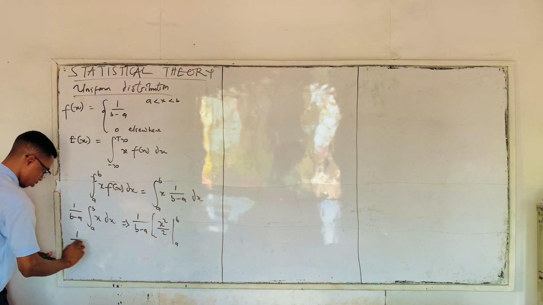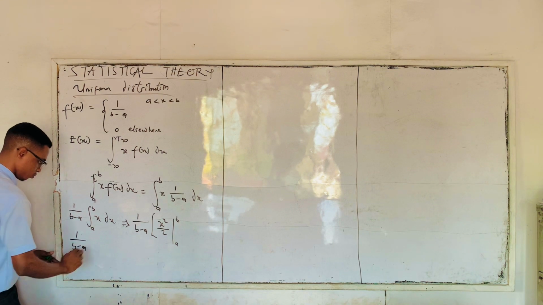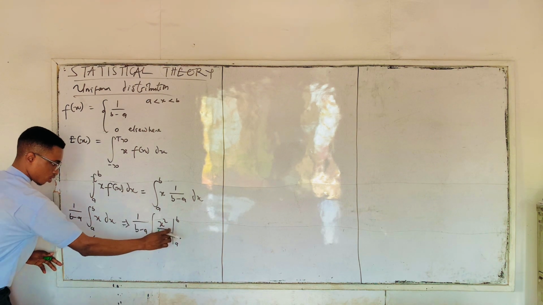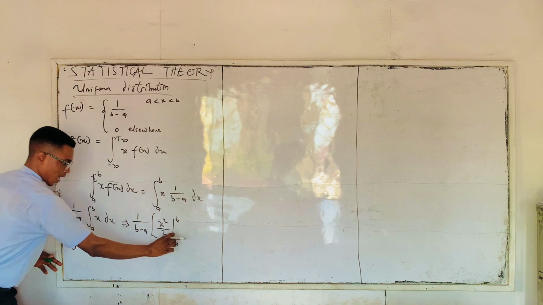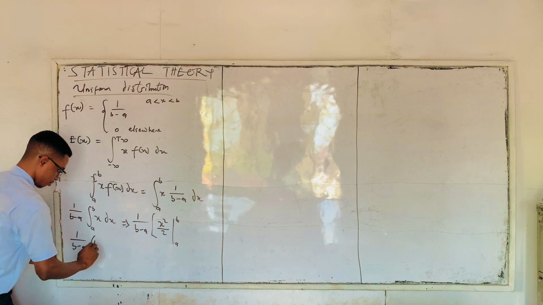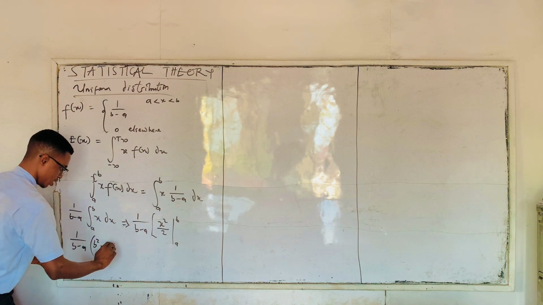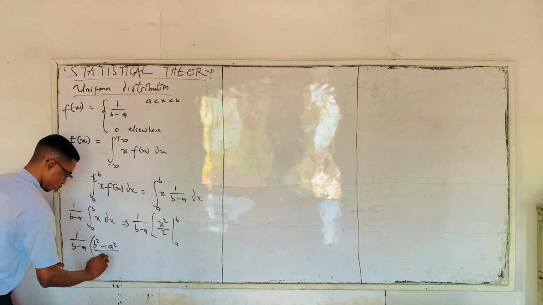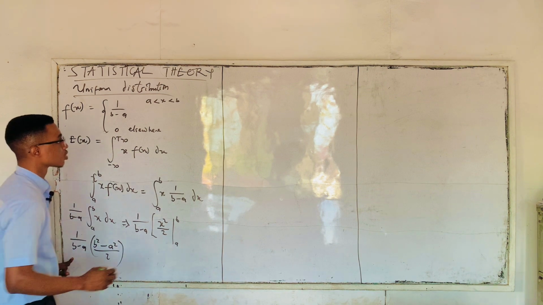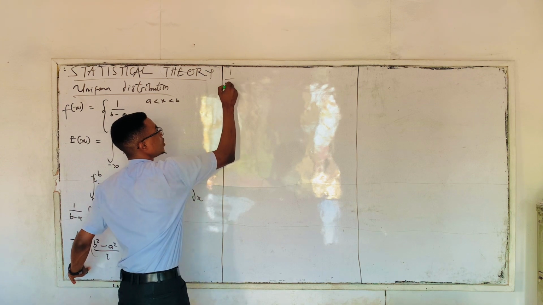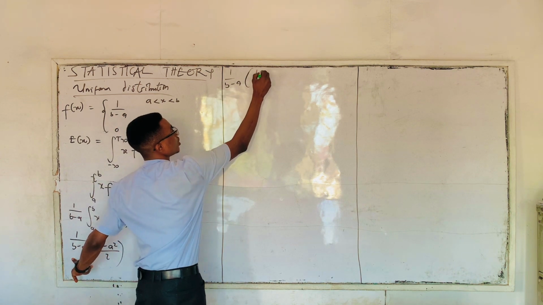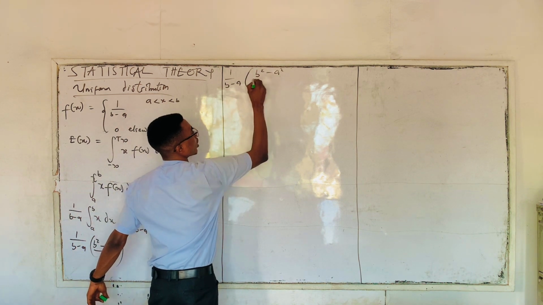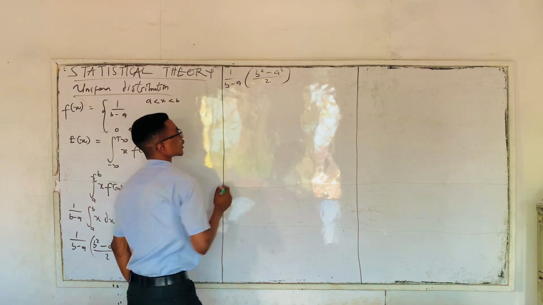So we have 1 over b minus a. Of course, b is the maximum and a is the minimum. So we have b squared minus a squared over 2. So we have 1 over b minus a into bracket b squared minus a squared over 2.